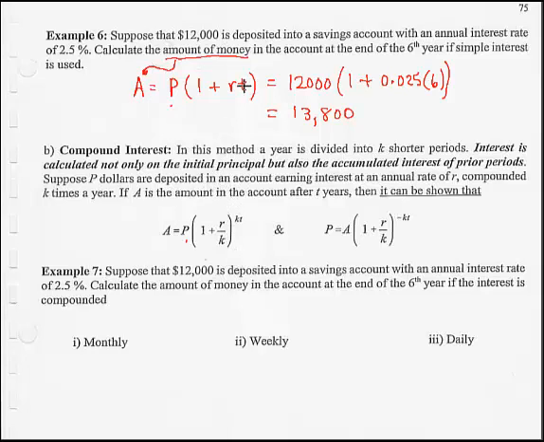However, T is now located on the outside as an exponent, along with K, which is however many times we're going to divide up a year. So K could be 12 if we compound interest monthly. K could be 2 if it's compounded semi-annually, and so on and so forth.